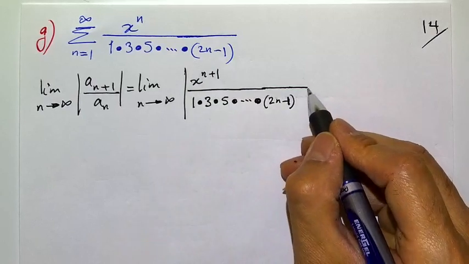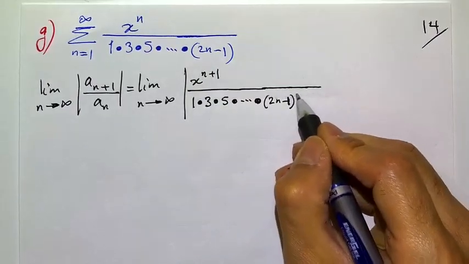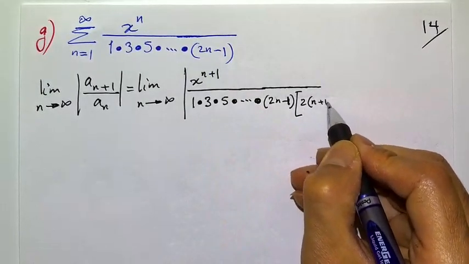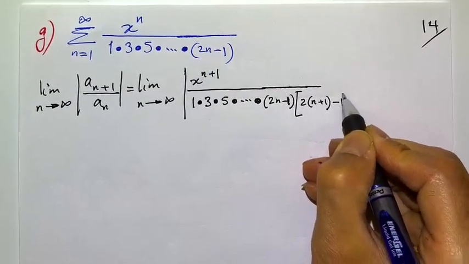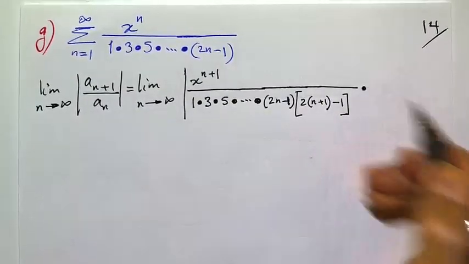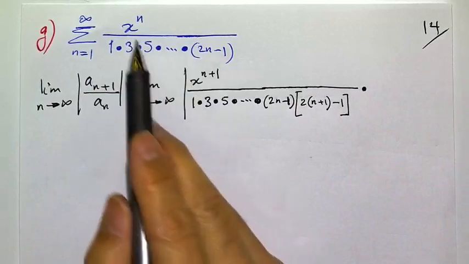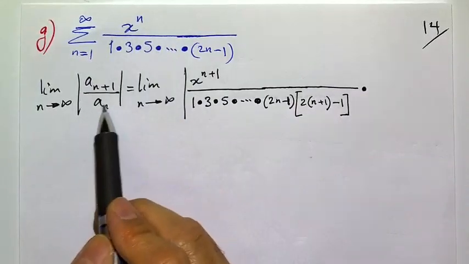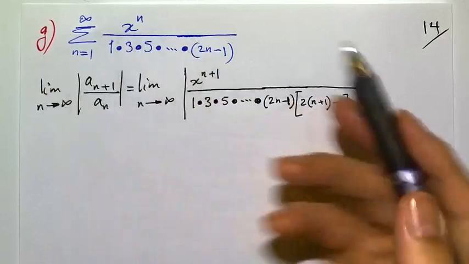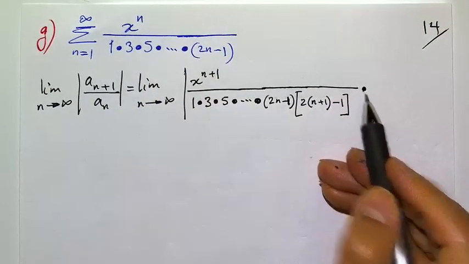Well, let me write it out. So times, instead of n, we have 2 times n plus 1 minus 1, and then we're going to simplify this, times, flip this, since we're dividing, a sub n is all of this. Since we're dividing, let's flip it because we're switching to multiplication.